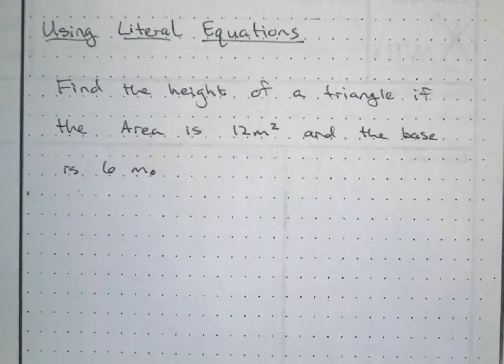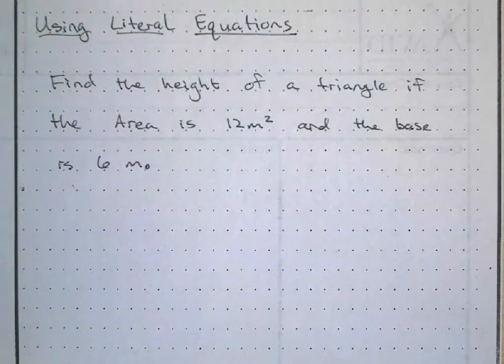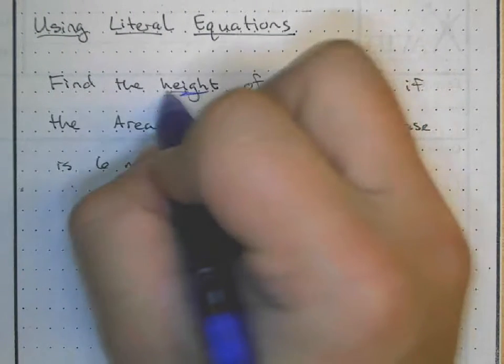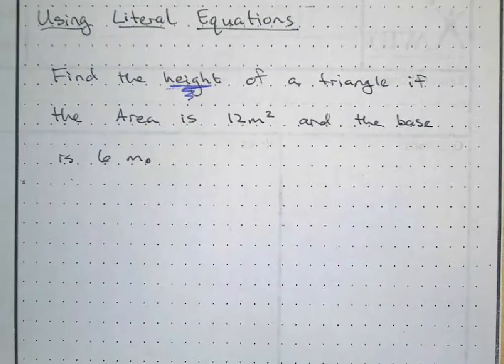So I want to find the height of a triangle if the area is 12 meters squared and the base is 6 meters. So using literal equations can help us because we can solve for what we're looking for. I'm looking for the height. So I can solve for the height, and then I can just plug in my numbers.